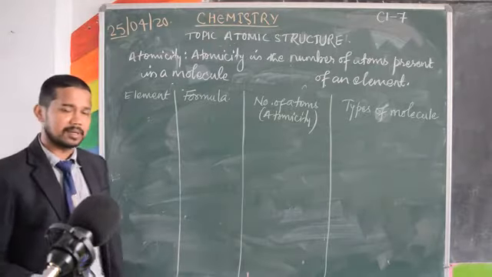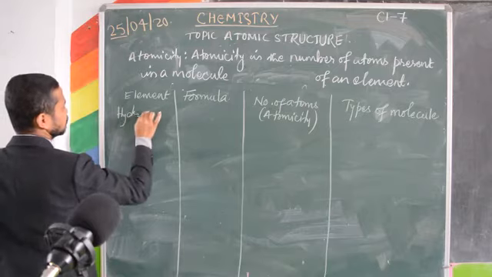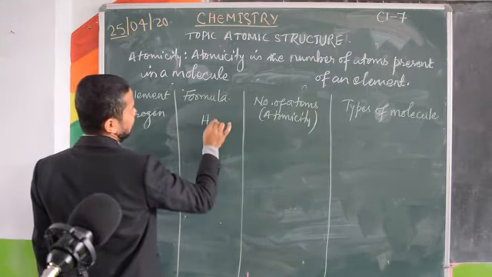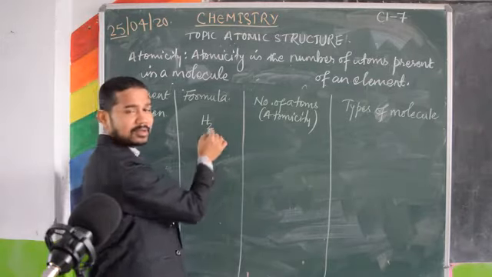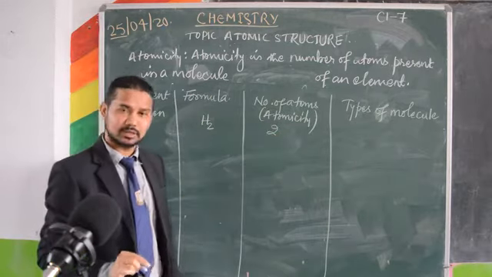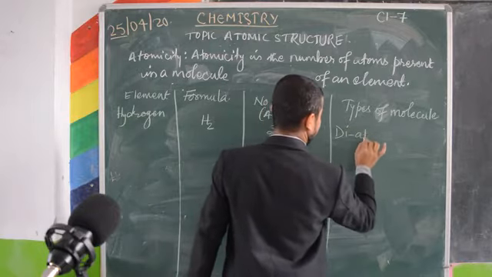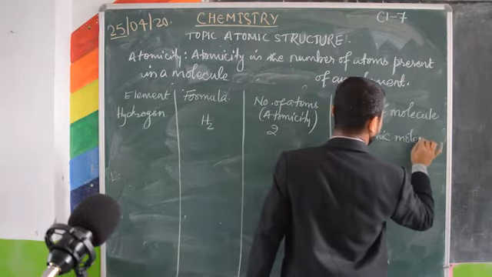Say for example, the element hydrogen, formula H2. The number of atoms in a molecule is 2. That means it is a diatomic molecule.